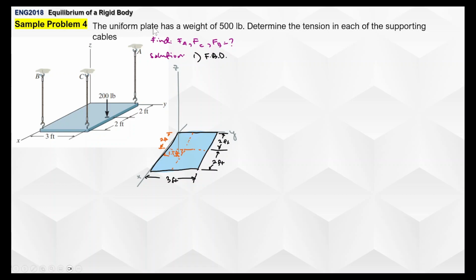So it says here uniform plate, so that weight must be applied on the dead center of this plate. Hence, we draw this one. So again, you have a clue ready here. If it says the uniform plate, it's given the weight here, meaning the weight is applied in the middle. And then you apply the given first. So we have 200-pound force here and the 500-pound force here in the middle. So 1.5 from the x-axis and 2 feet away from the y-axis.